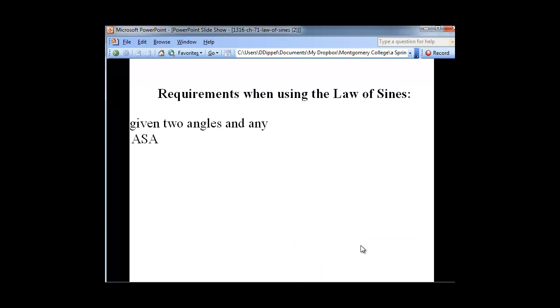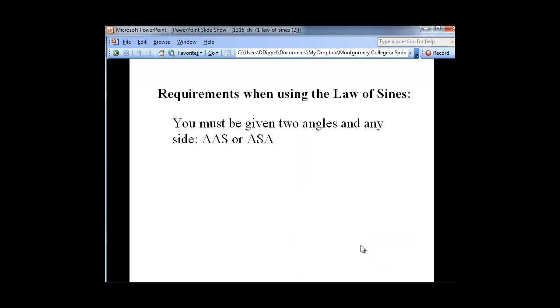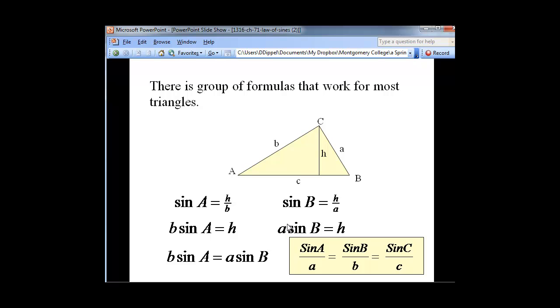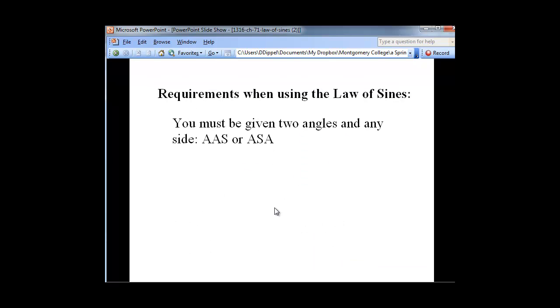Now there are some requirements. If you think back, what you're dealing with is two angles and one side, because if you look at the formula, we have two angles and we have to have one of these sides in order to solve for it. Or you can have an angle, a corresponding side, and an angle, and again you have two angles with a side.